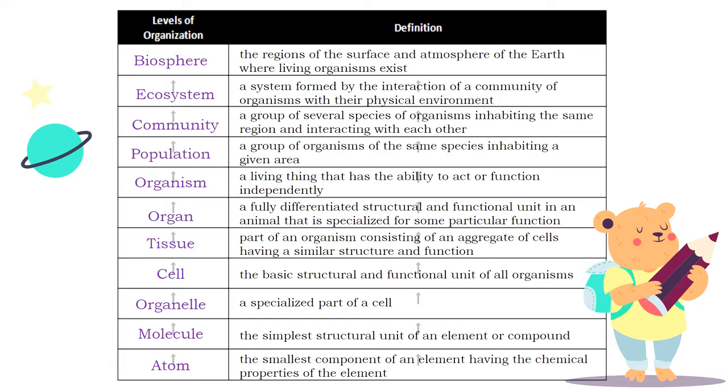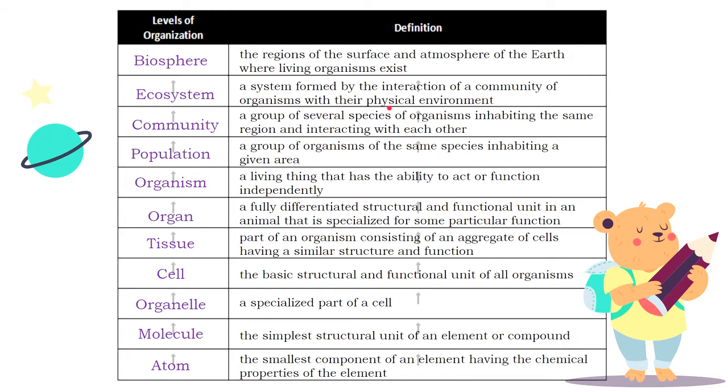So that's one of the many definitions of species. So organisms of the same species inhabiting a given area is called a population. So human population, lion population, dog population, tree population, bee population, as long as they belong to the same species and they inhabit a given area, we call them a population.